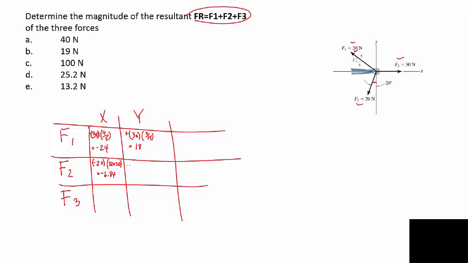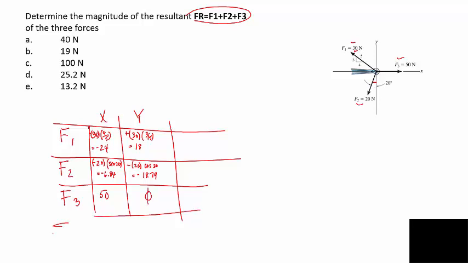And in Y I know it's a negative as well, but then in X it is sine of 20, and in Y it would be cosine of 20. And this equals negative 18.79. And then the F3 in X is positive, and it's 50, and in Y is 0 because it has no component.